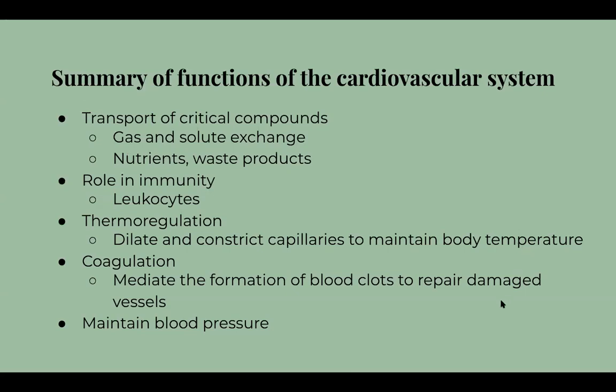So after all that, to summarize the different functions of the cardiovascular system, one is transport and exchange of different substances. So we talked about gases, carbon dioxide, oxygen, solutes, so amino acids, fats, carbs, hormones, and then nutrients, and then waste. And then there's some role in immunity.